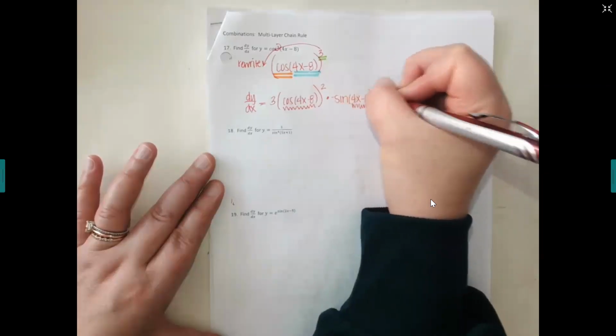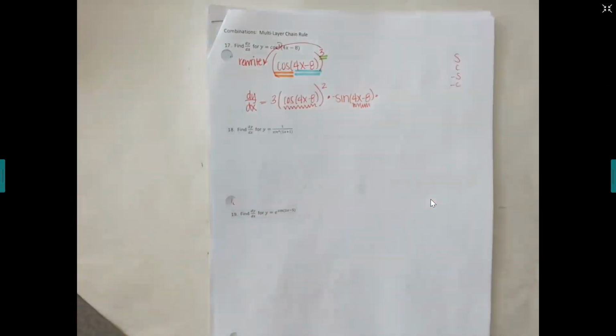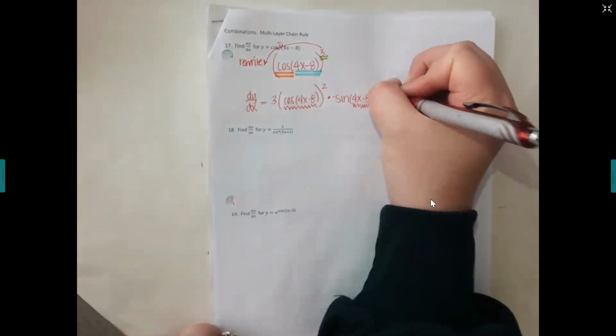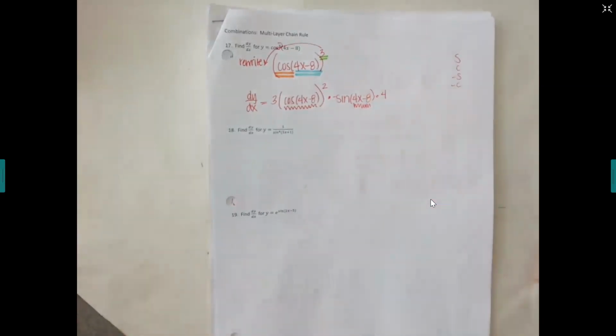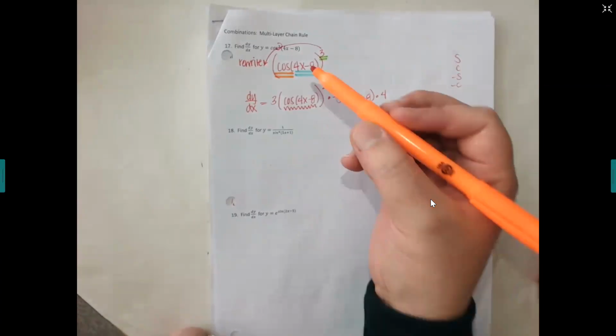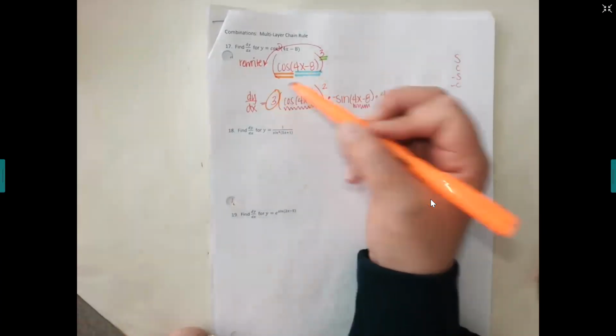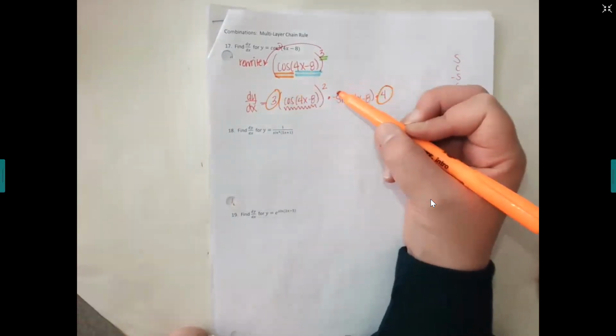But then I'm gonna take that function in the middle. The 4x minus 8 is the next layer. I'm gonna times its derivative at the back. So 4x minus 8 gives me an extra times 4. Okay, then from there, when you're doing this Delta Math, which you're gonna have all the way into next week to do, it's gonna be 3 times 4 is 12.